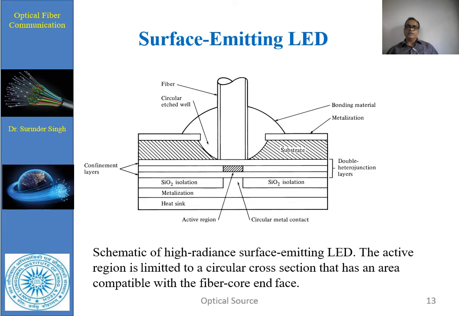These two heterojunction layers can confine both optically as well as the carriers. There is a silicon dioxide isolation layer, and this is the substrate and metallization heat sink.